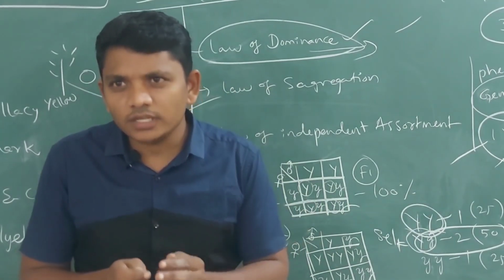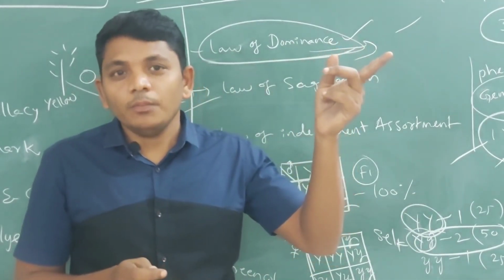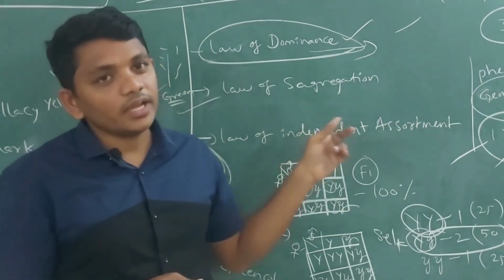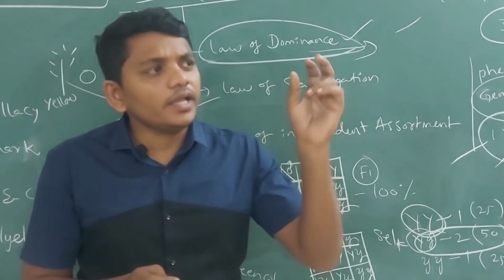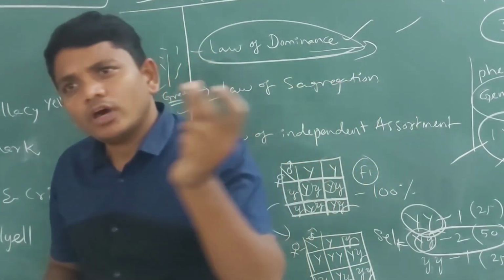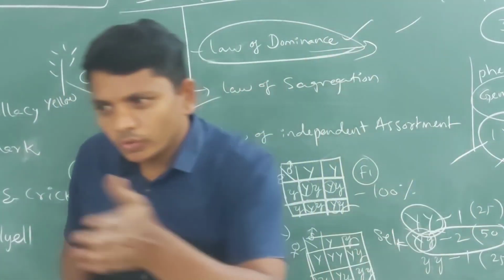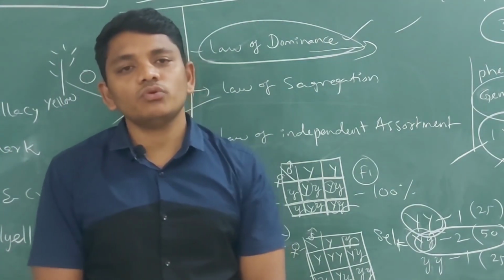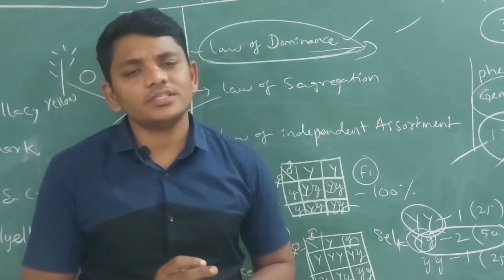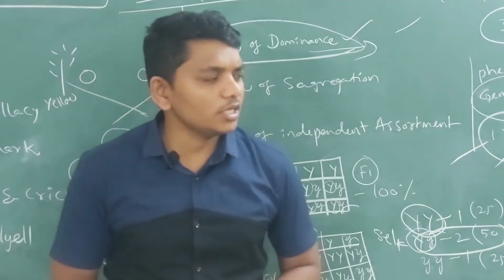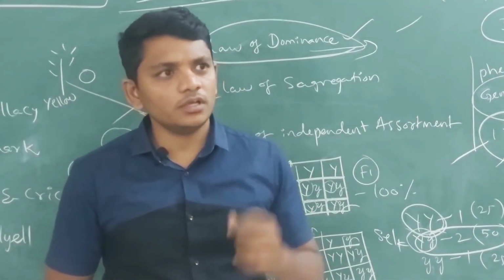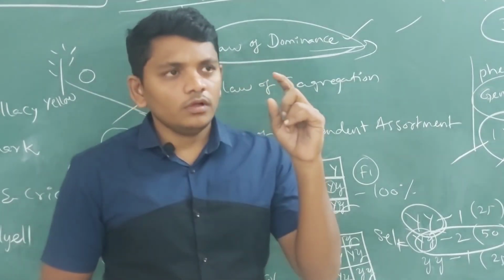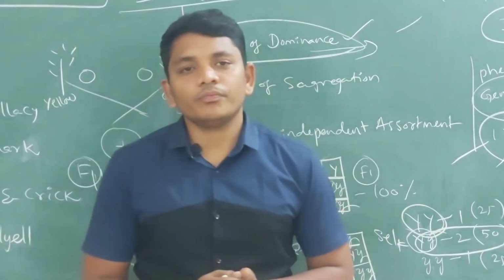So the law of segregation is a part of heredity. Here he said it is a theory in which a character is easily carried forward from one generation to another. For example, my mother's nose is very sharp.